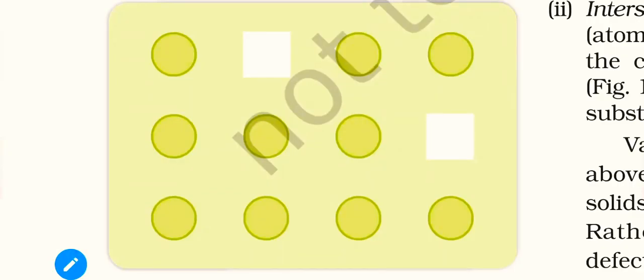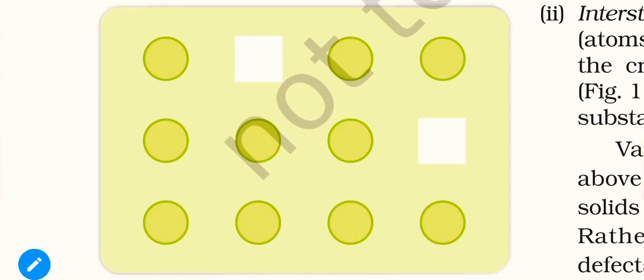We have a figure in the textbook. As you can see in this figure, in an ideal crystal, all of these lattice points will be occupied by constituent particles. So if we have a perfect crystal, it will be something like this. Let us assume all points are occupied.